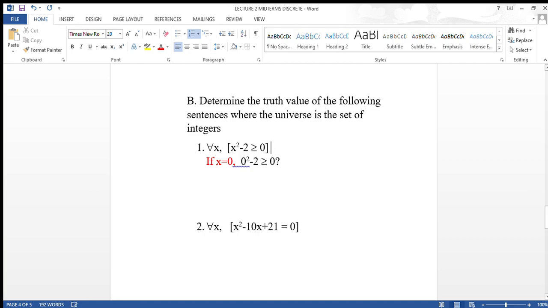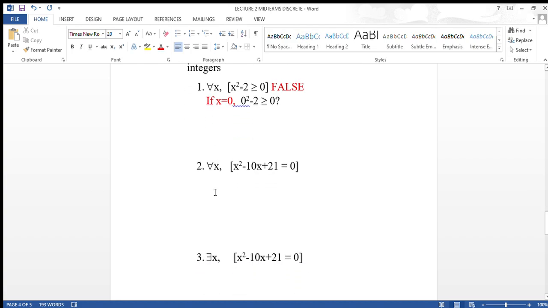Since -2 is not greater than or equal to 0, this means that our proposition will be false. Why false? Because not all elements in the universe of discourse will satisfy this condition. We found here one value that does not satisfy this condition, making our statement false because we have the universal quantifier for all. How about the next example?